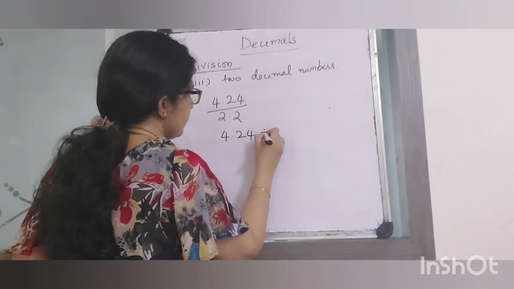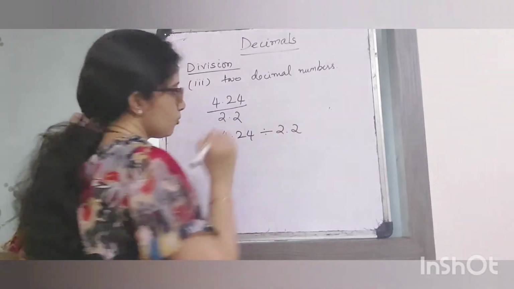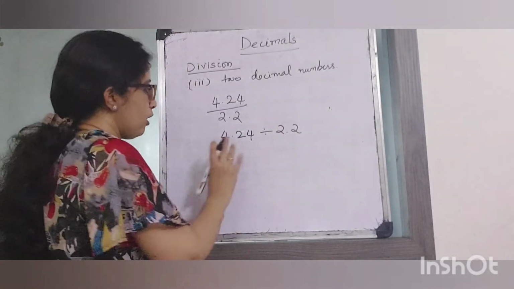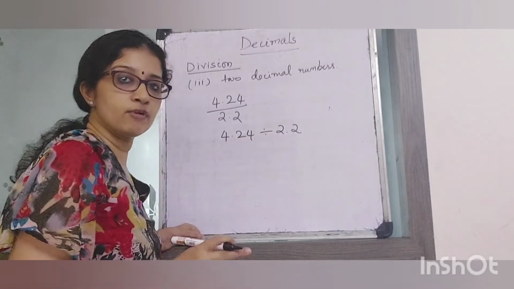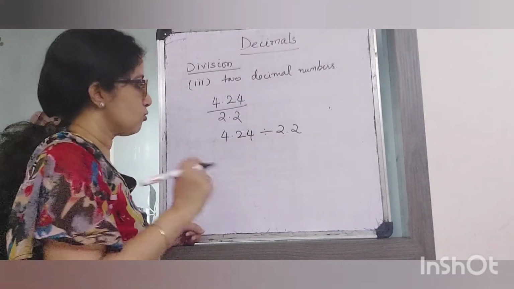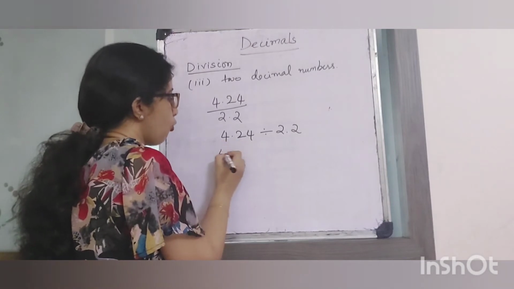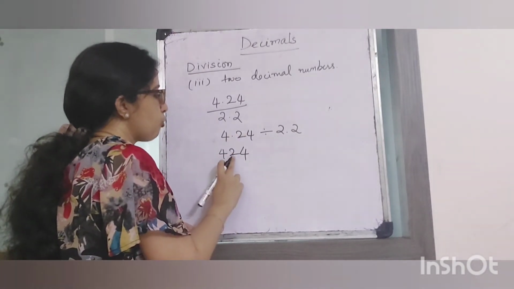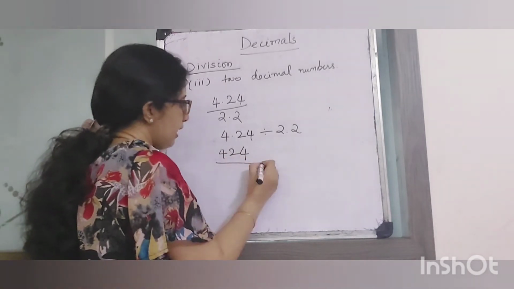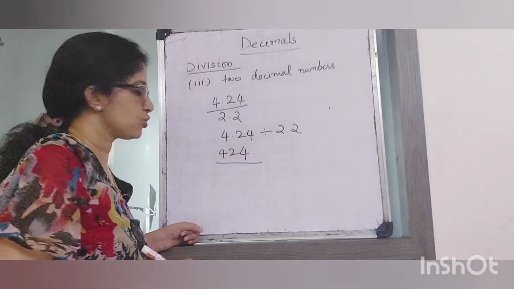First step, we have to write these two in terms of fractions. So what will we write? If we ignore this decimal point, we can write 424 divided by, how much should you write?